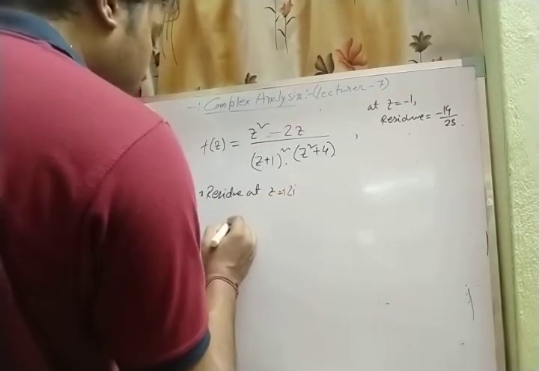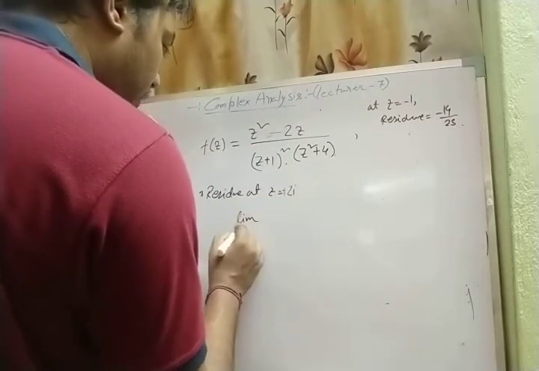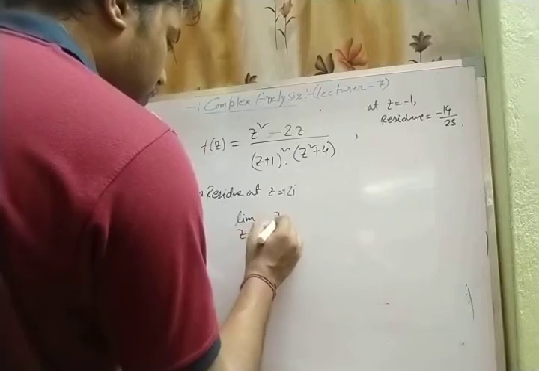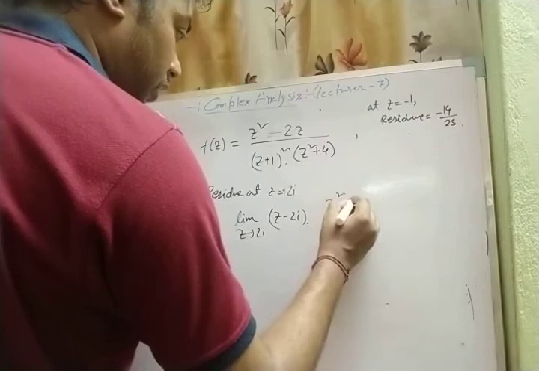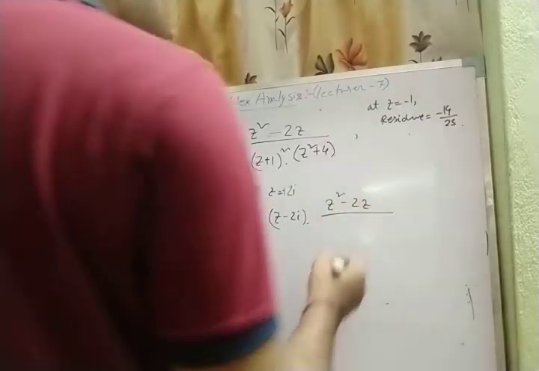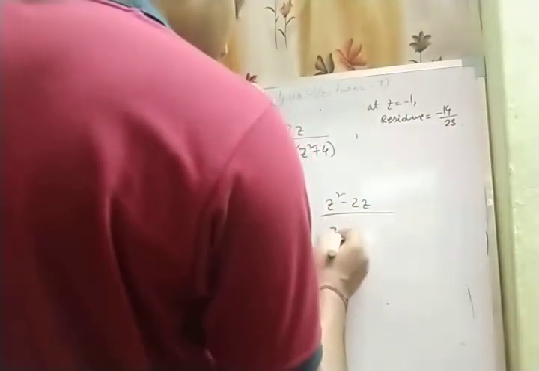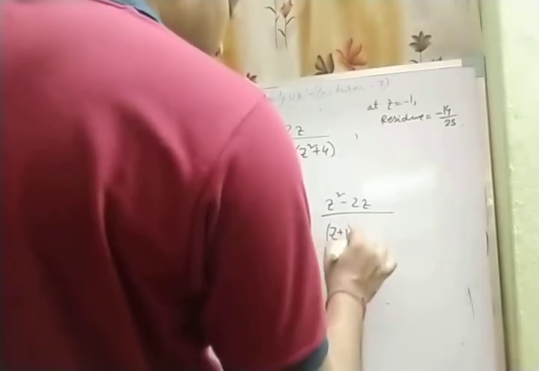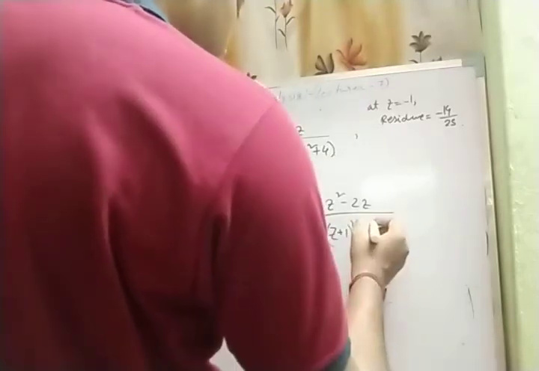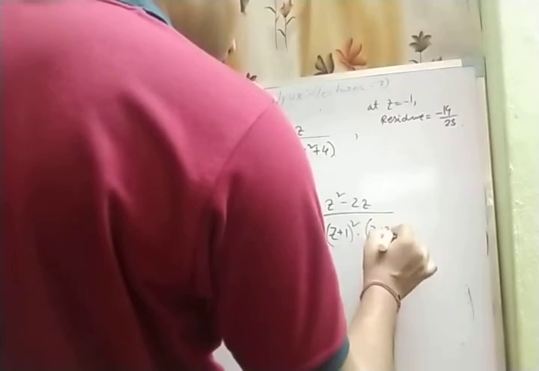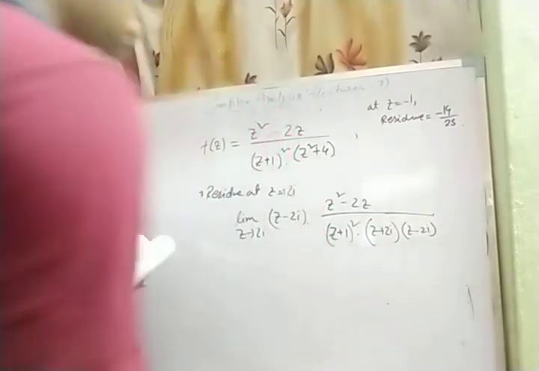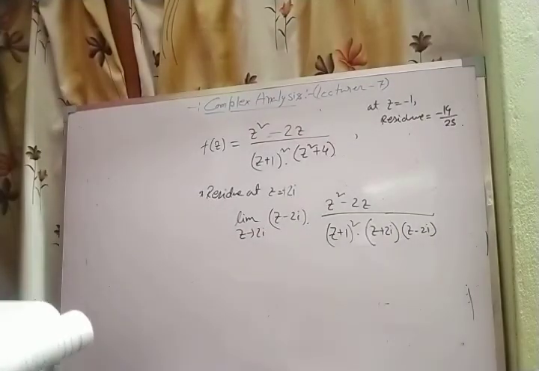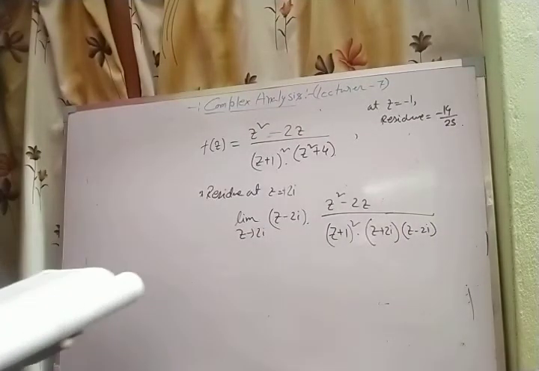It is a simple pole, so it can be easily found as the limit as z tends to 2i of (z − 2i)(z² − 2z) / ((z + 1)²(z + 2i)(z − 2i)).